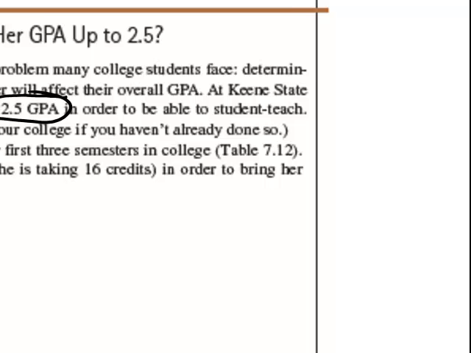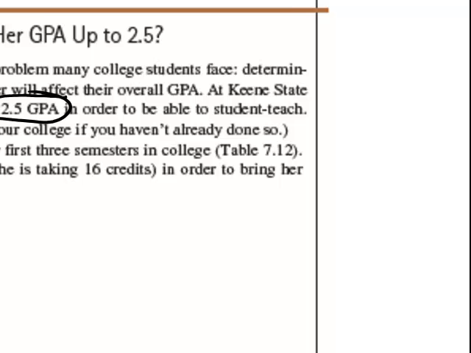Well, 50 credits times the 2.35 will be exactly what she has, and what she needs is going to be the 66 times the 2.5. So this is what she has. This is what she needs. Let me compute that for you.